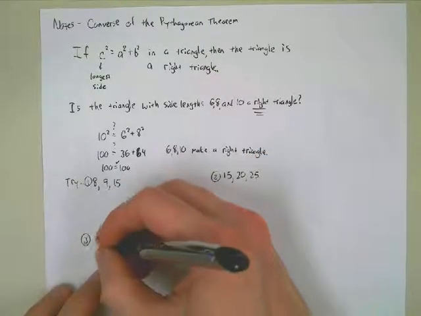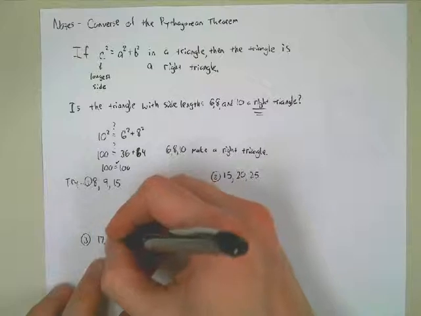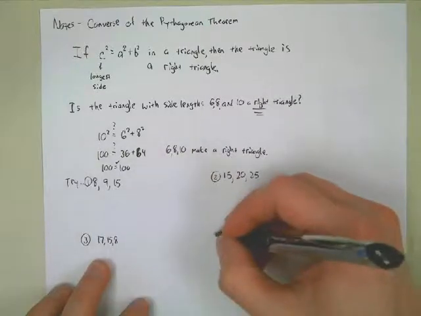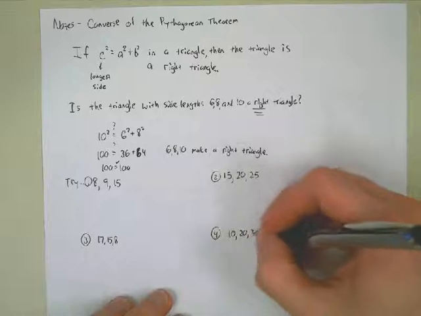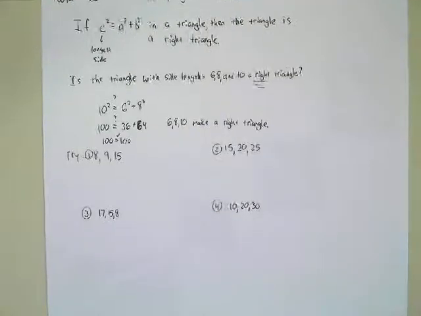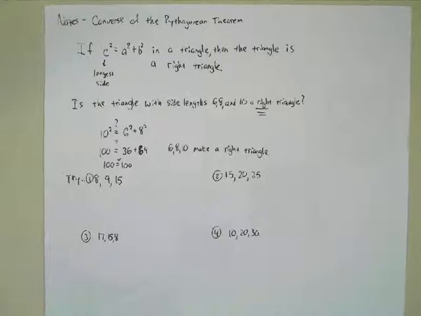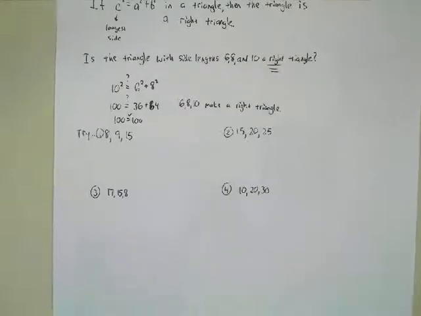Try 17, 15, 8, and then try 10, 20, 30. Okay, so go ahead and give those a shot. And I'll do them real quick and then come around and see how we're doing.